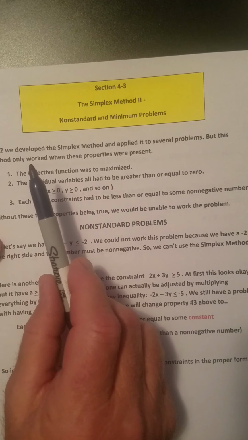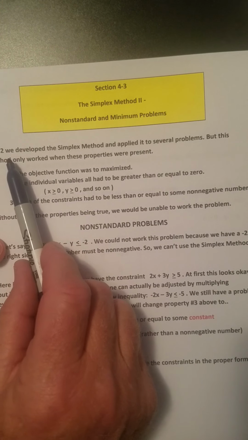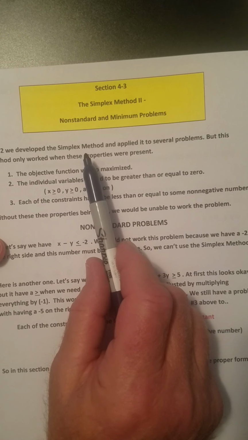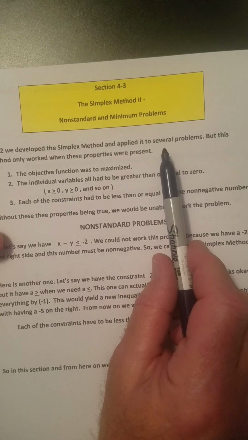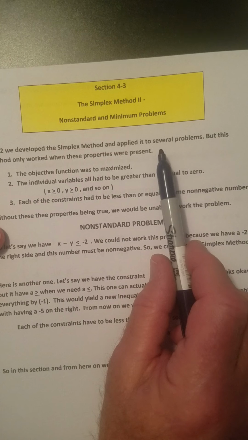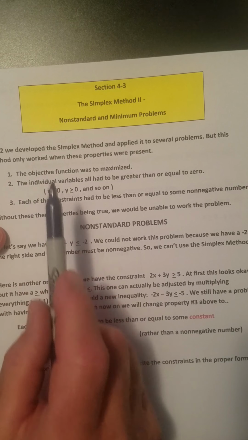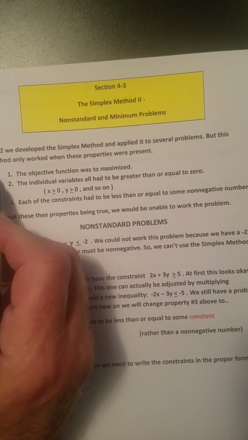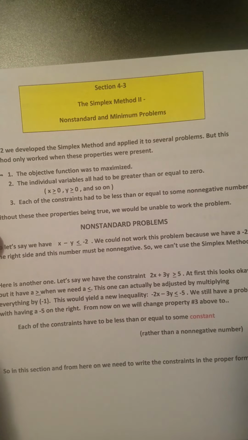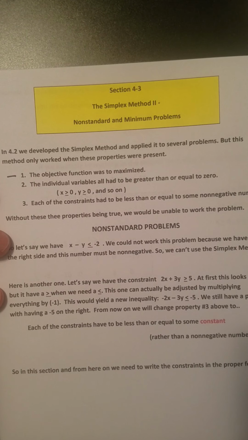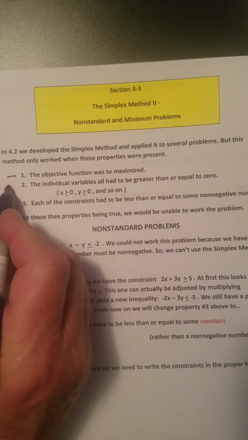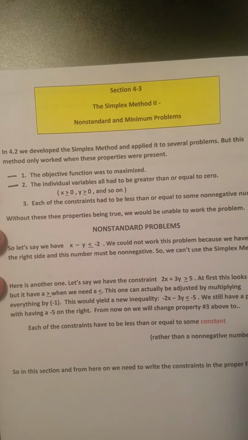Okay, so starting out, in 4.2 we developed the simplex method, and then we did some problems. Now, here's the thing. That method only works when certain things are true. Number one, the objective function is something we're trying to maximize. Each of the individual variables has to be greater than or equal to 0.